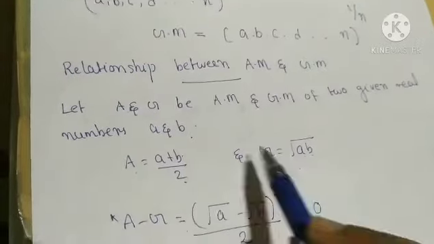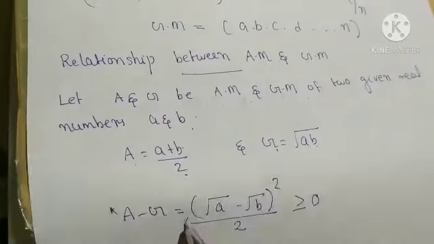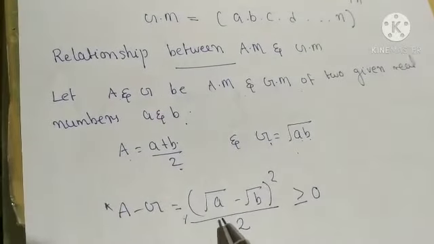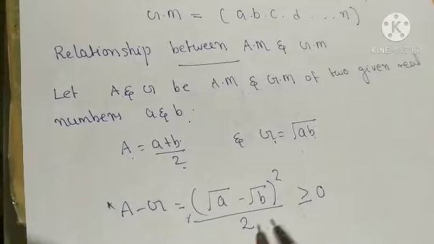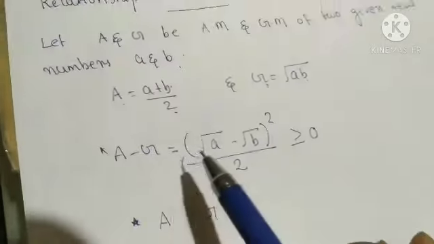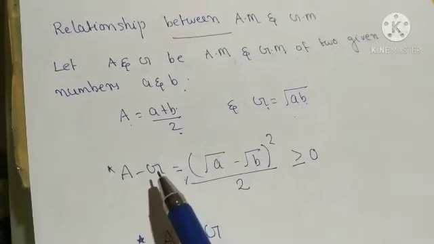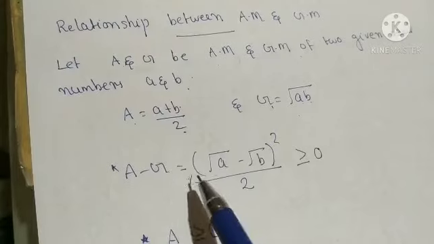So the relationship between AM and GM is A minus G equal to (root a minus root b) whole square by 2, which is always greater than or equal to 0. Here A is always greater than or equal to G, that's why I am subtracting A minus G.